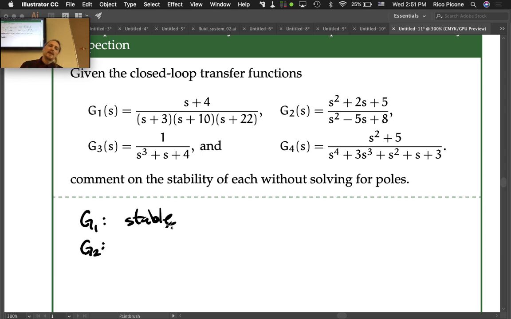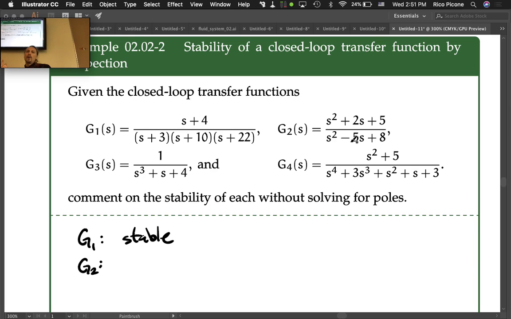G2, what can we say about the stability of G2? One of the conditions was that if one of these coefficients in the polynomial is negative, then it's got to be unstable.